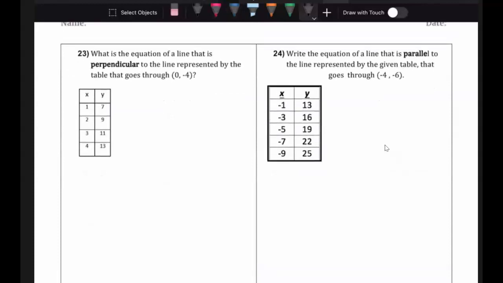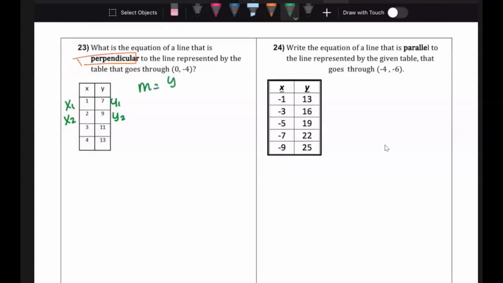So then, we have 2 more problems of this type. We see the word perpendicular again, so we know we're going to flip and switch. And they give me a table of values. So first I have to find my slope from this table of values. So x1, y1, x2, y2.